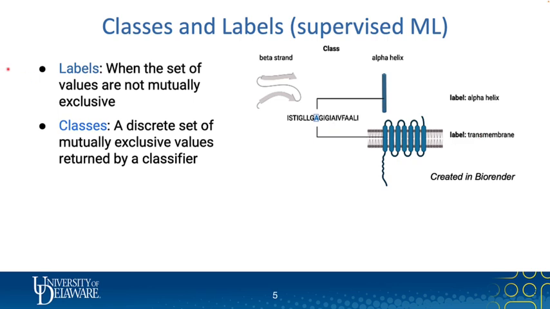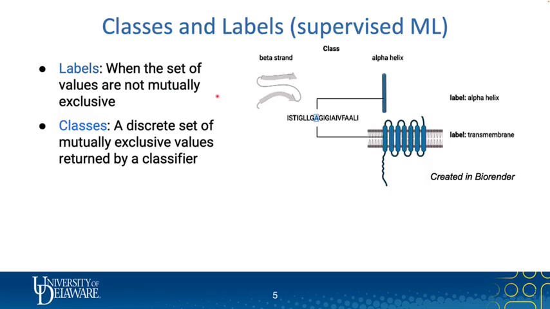And we call them labels because these sets of values are not mutually exclusive. On the other hand, we have classes which are defined for classification purposes. Classes are mutually exclusive.